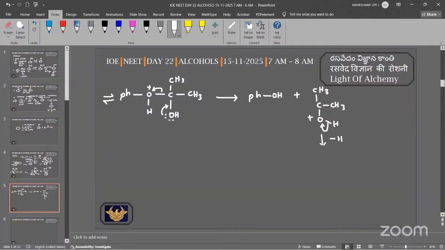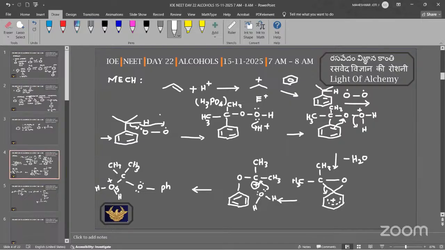H plus comes out. So whatever H plus was involved in the first step comes out here. Finally, it gives acetone. CH3, C double bond O, CH3. Right? So phenol and acetone are the products. This is the mechanism.